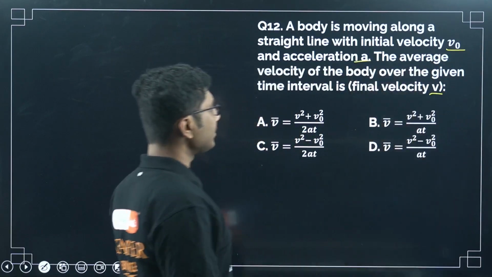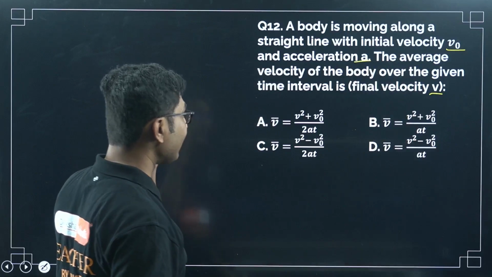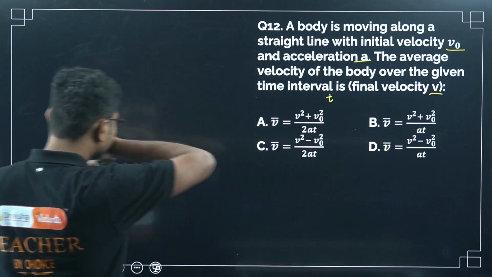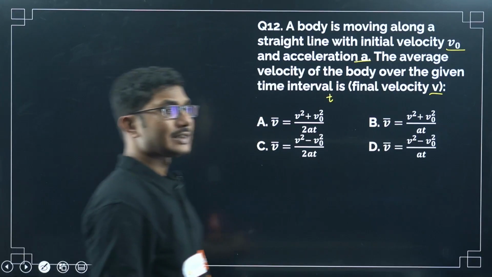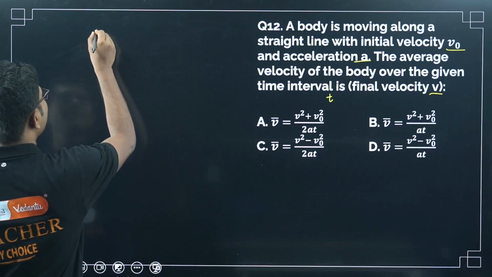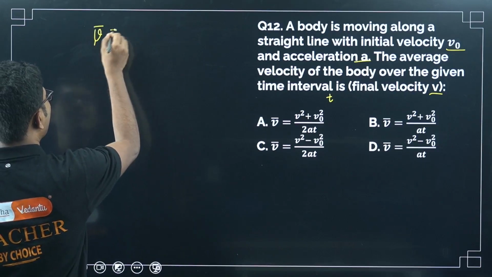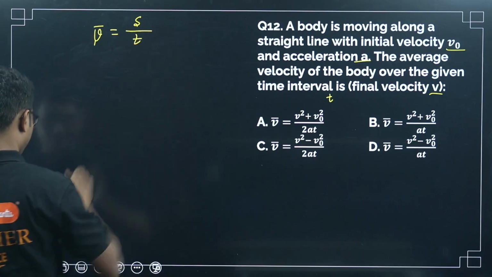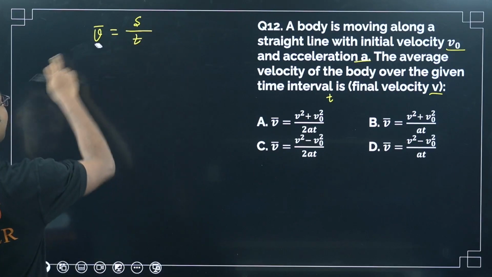The average velocity of the body over the given time interval is t. So first we need to understand what is the average velocity. Average velocity is total displacement divided by time, right? This is the average velocity.